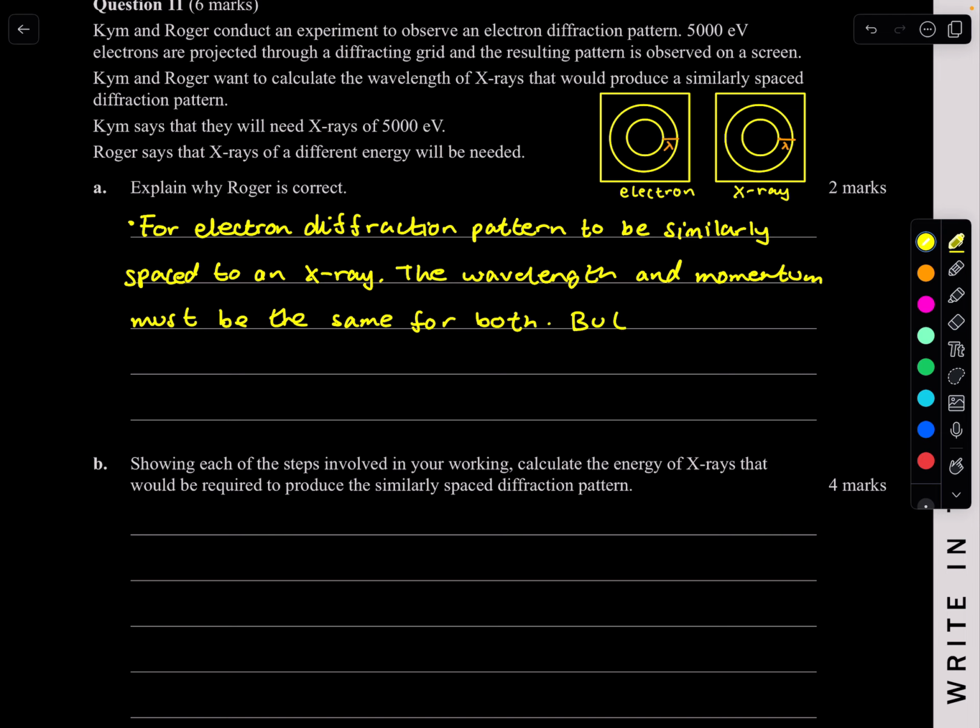But the energies are going to be different. So basically, Roger has explained that. The energy is going to be different, but the wavelength must be the same.